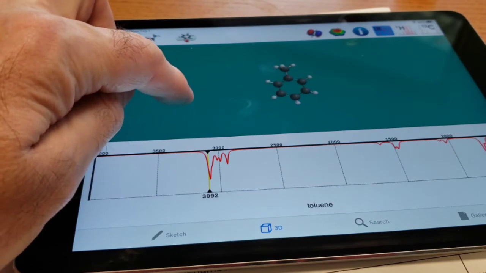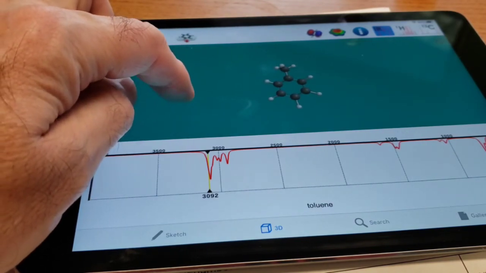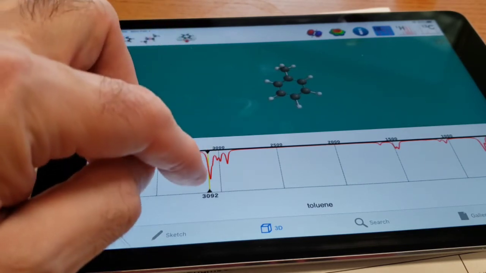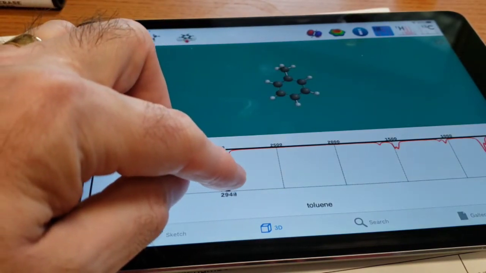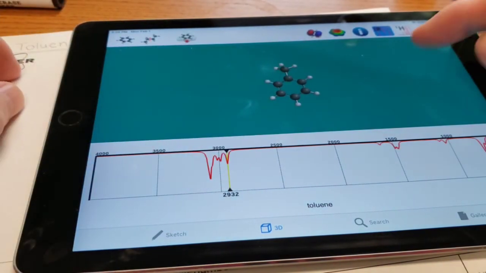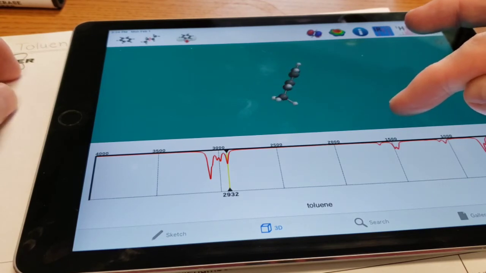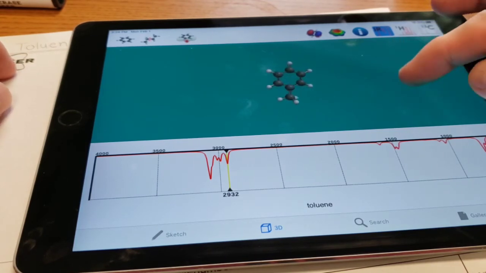This is clearly a stretch. This is a carbon-hydrogen stretch on an aromatic ring. This is the carbon-hydrogen stretch on the alkyl substituent, this alkyl substituent being a methyl.